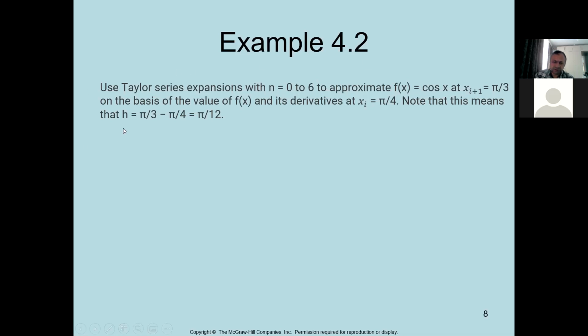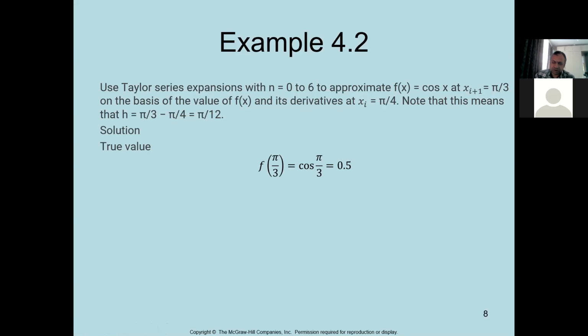So we go from pi by 4 to pi by 3, and the difference is pi by 3 minus pi by 4, which is pi by 12. So the value of h we will take as pi by 12. Just remember the formulation of the Taylor series, and then you can apply this concept.